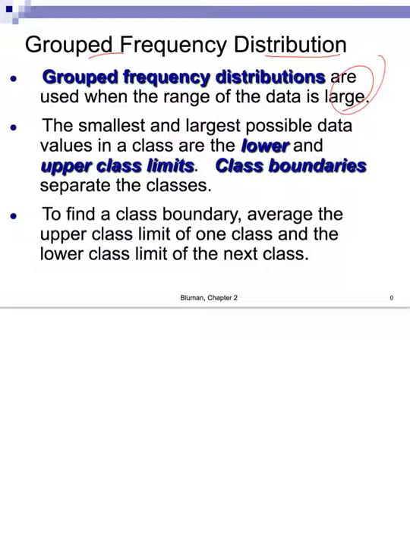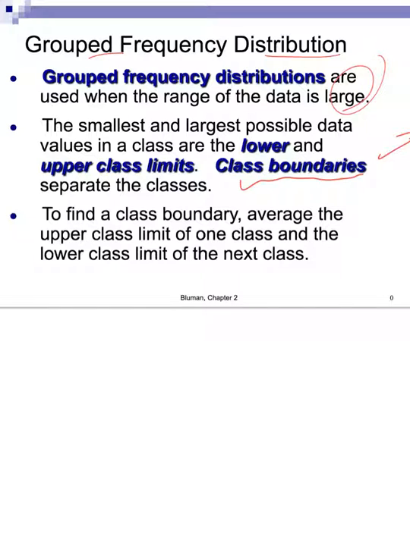Your smallest possible data value is going to be your lower class limit, and then the upper class limit will be the largest within that class. The class boundaries, those are what's going to separate the classes, and that's always going to go out one more decimal place further than what's given.